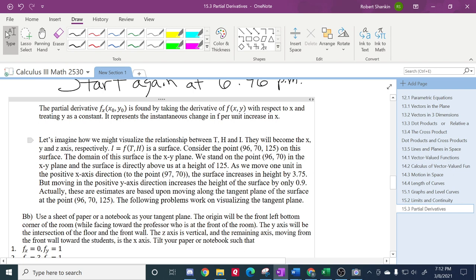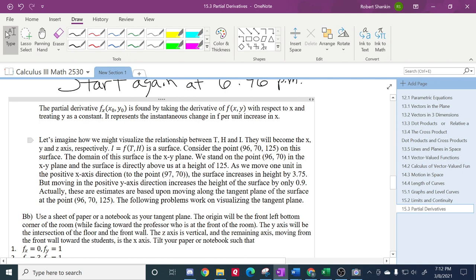Consider this point, 96, 70, which is on the floor. So if this is a physical classroom, the xy plane, the floor, is the domain. And then you go 125 units straight up from that point, and there's your point on the surface. The domain of this surface is the xy plane.